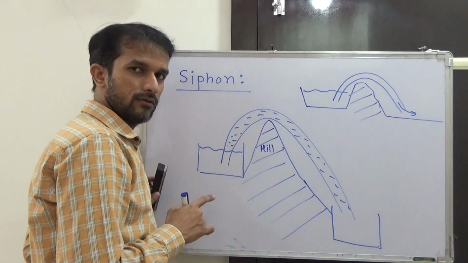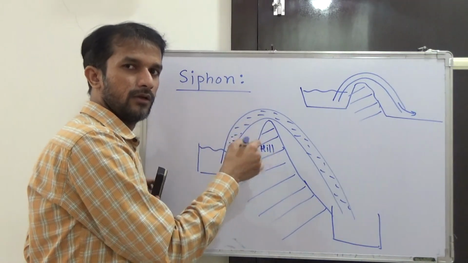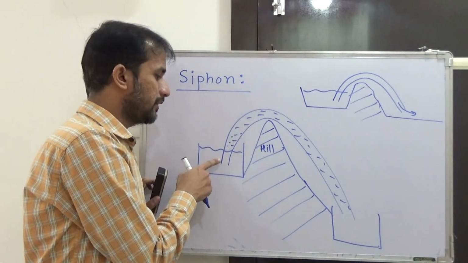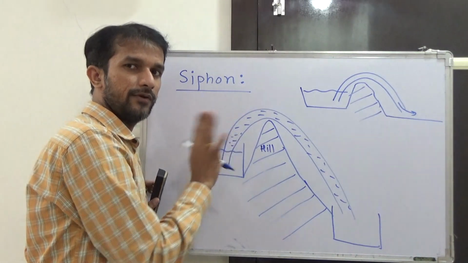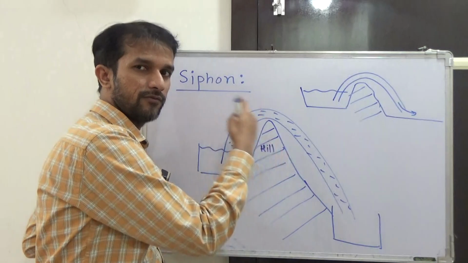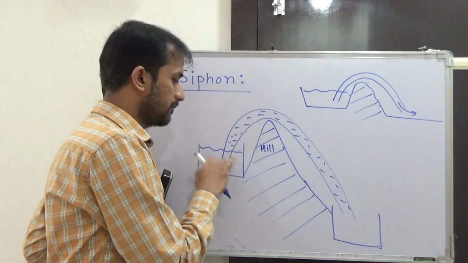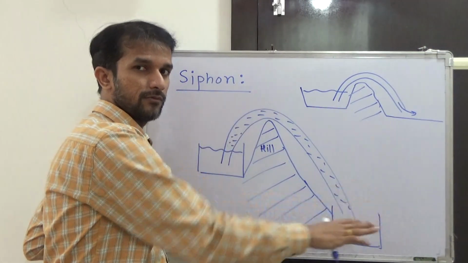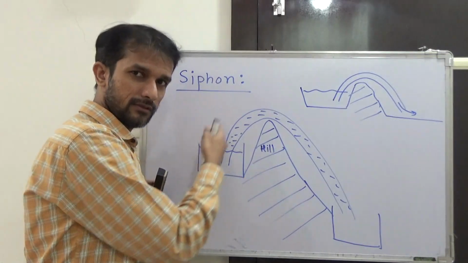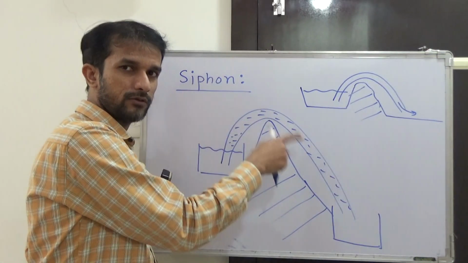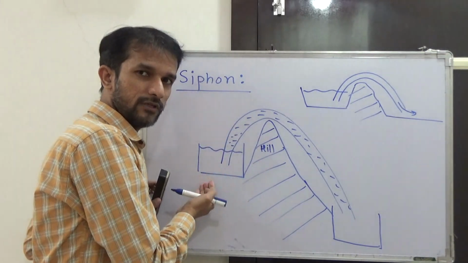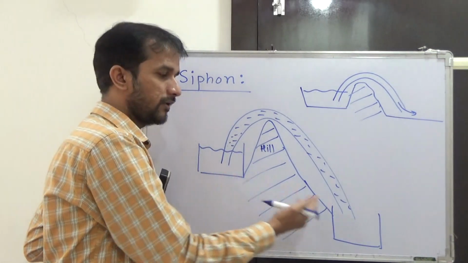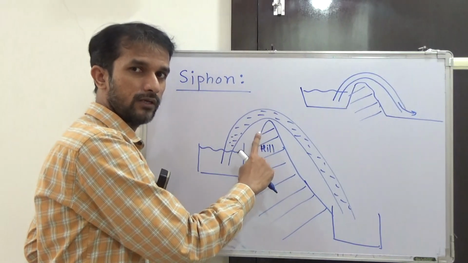Firstly fill the tube with the liquid, then dip one end of the tube in the upper reservoir and leave it. It will automatically start the flow, and this entire tank can be emptied this way. This concept is called a siphon, and this tube is called a siphon tube. What is the use of this? Transferring liquid from a higher reservoir to a lower reservoir over a hill.